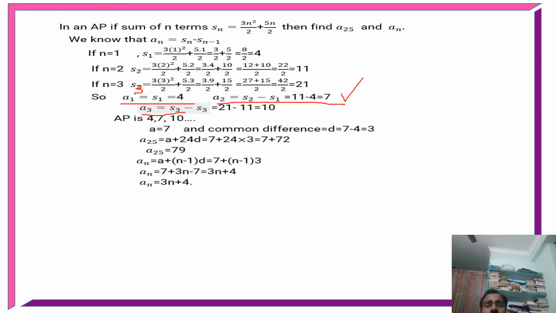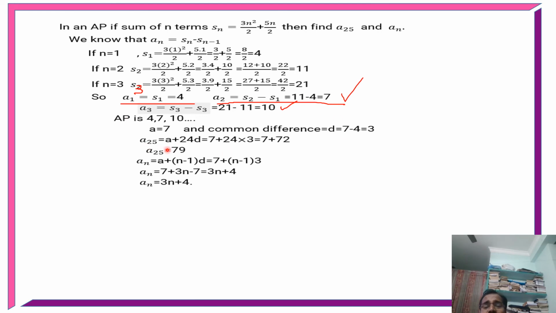The formula is S3 minus S2, which is 21 minus 11, 10. So the first three terms of the AP are 4, 7, 10. A is 4 and the common difference is 7 minus 4, 3.